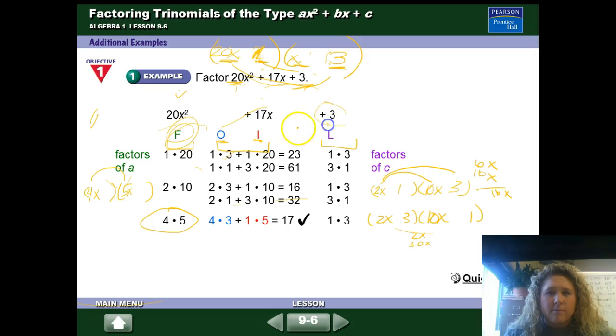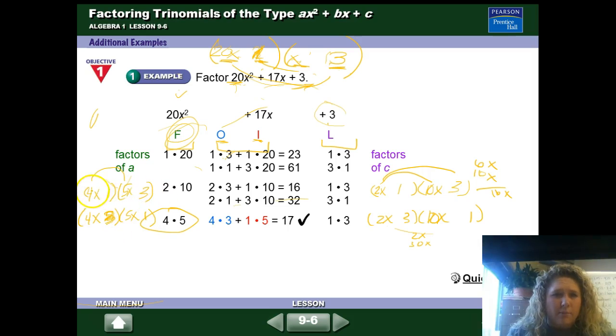And my last term is 3. So I know my only factors of 3 are 1 and 3. So 1 and 3. Or I can go 4x with the 5 with the 4, and then do, oops, I'm sorry, this should be a 3. Put a 3 and then a 1. So I'm just reversing my last term. So let's try them both.